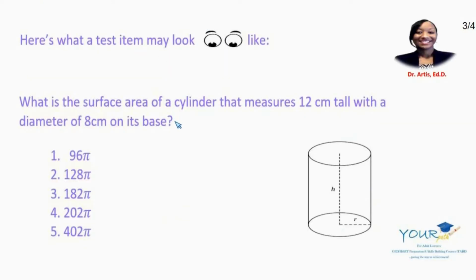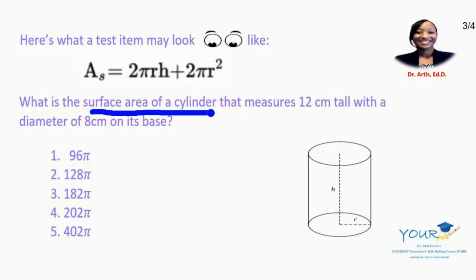So now we can go back to our question, and as we look at it, it is asking us for the surface area of a cylinder. And believe it or not, there is a formula that you need to know in order to find the surface area of a cylinder. That formula is A, which is area, equals 2 times pi times radius times height plus 2 times pi times radius squared.